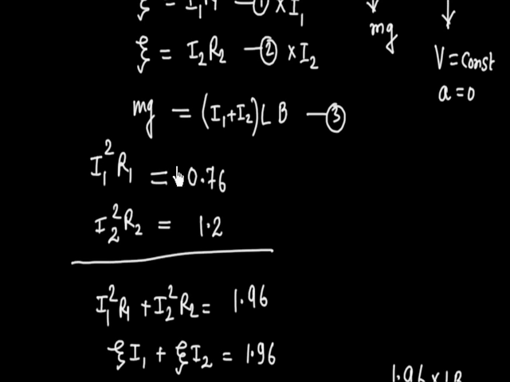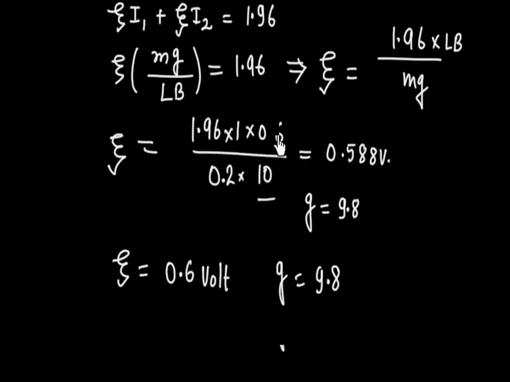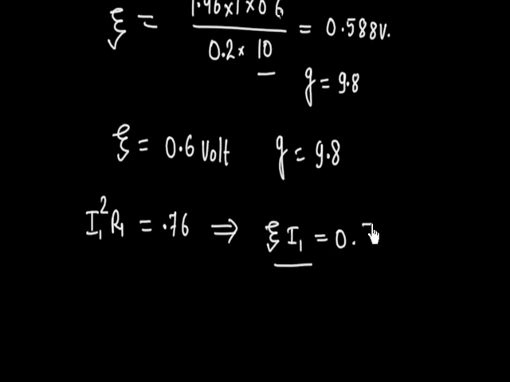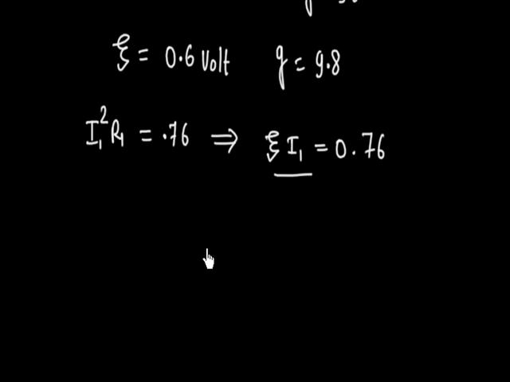You see, I1 square into R1 is 0.76. So let us say I1 square into R1, that is 0.76. And now I know that I1 into R1 is xi. So xi times I1, that is again the power equation, 0.76. So this means I1 is what? 0.76 divided by 0.6.